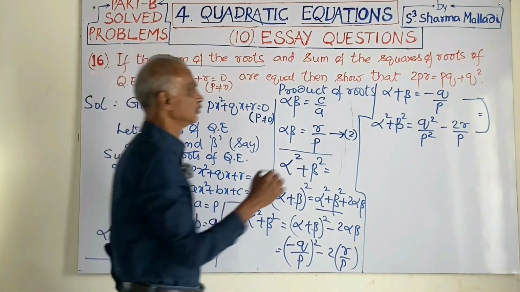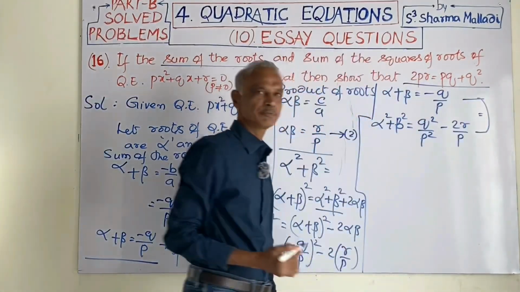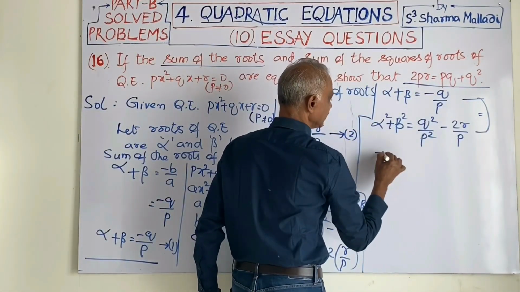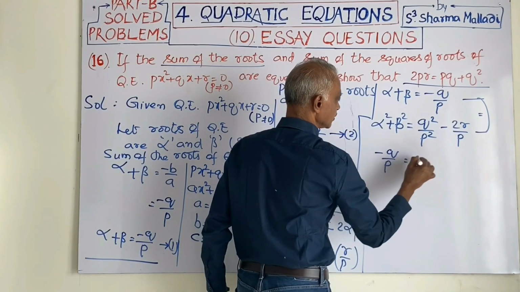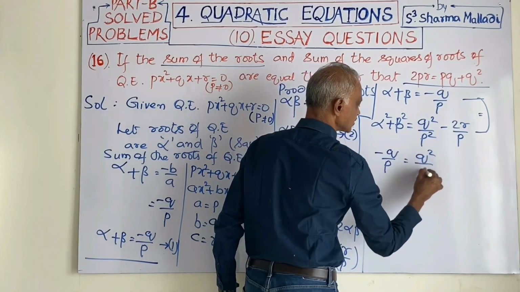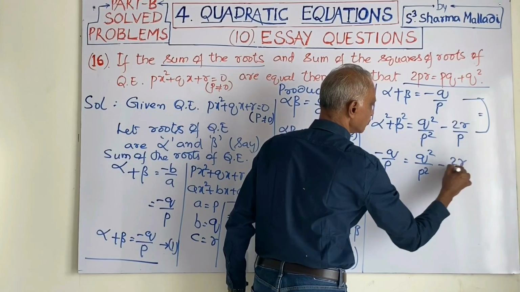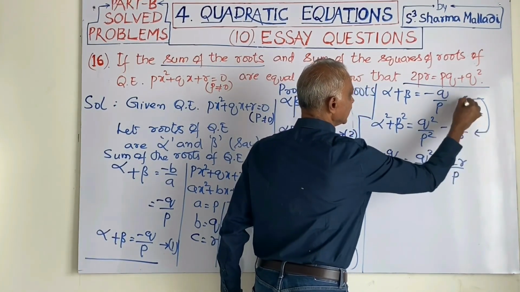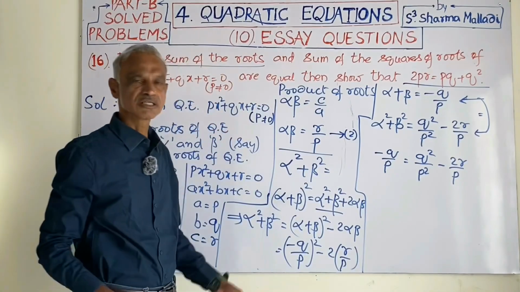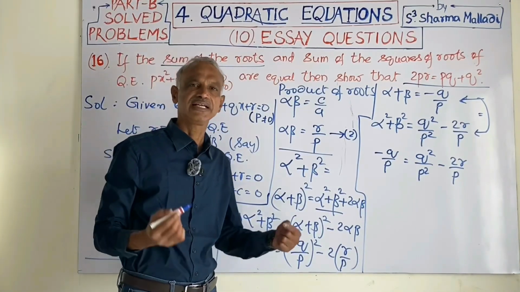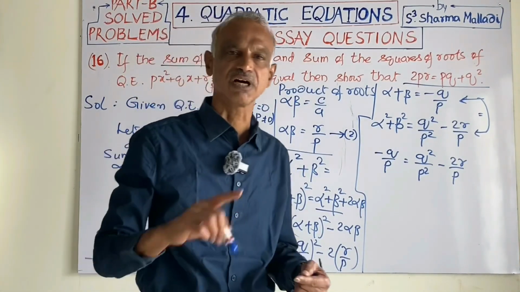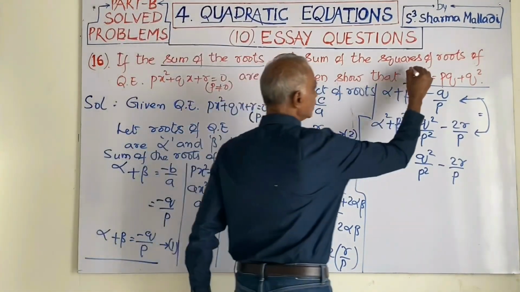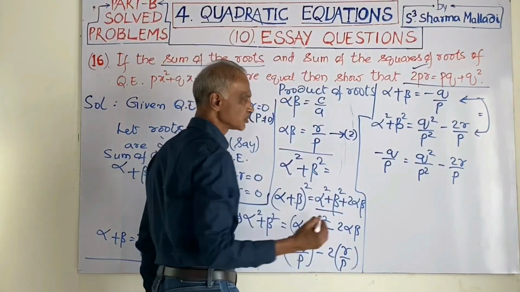Then we have to show 2pr is equal to pq plus q square.